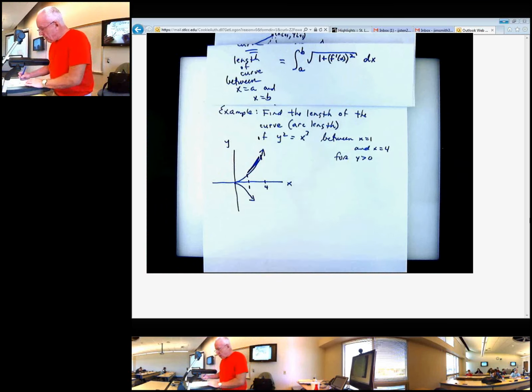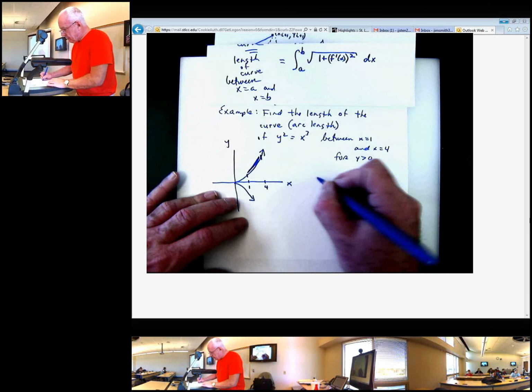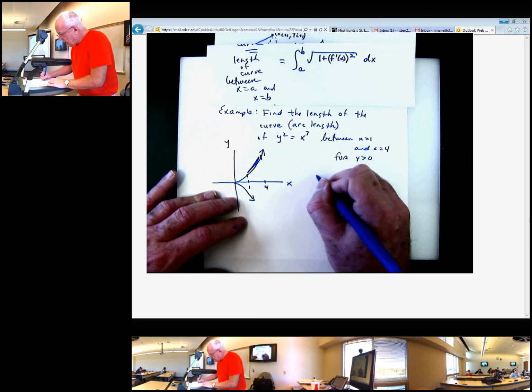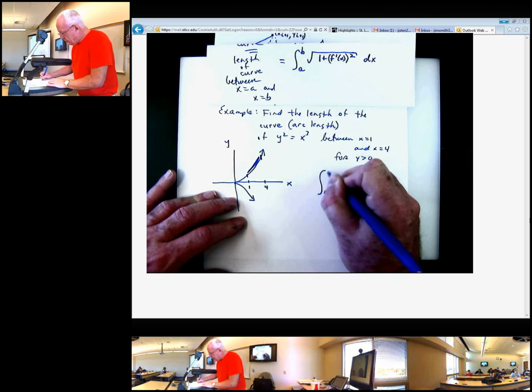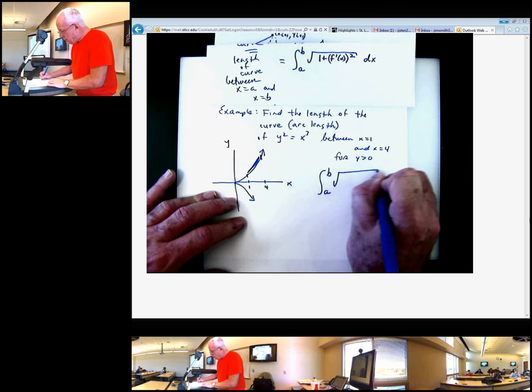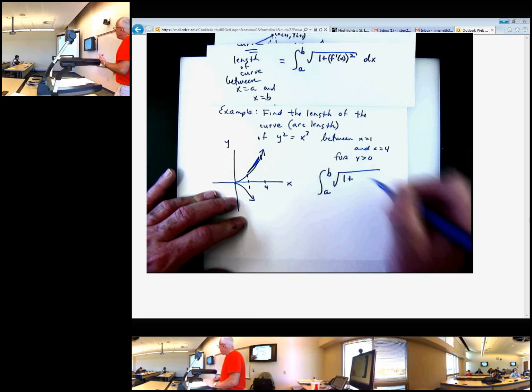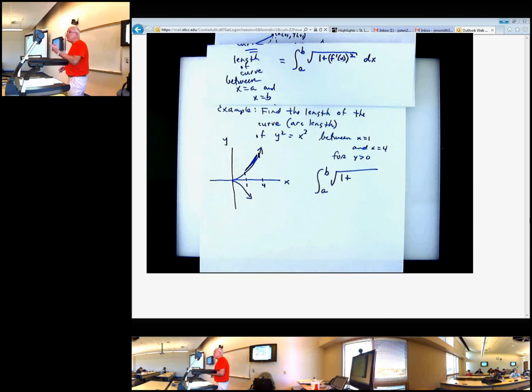Now, another way of writing this arc length formula is this: the integral from a to b of the square root of 1 plus dy dx in parentheses squared times dx. We know that another way to write f prime is dy dx.